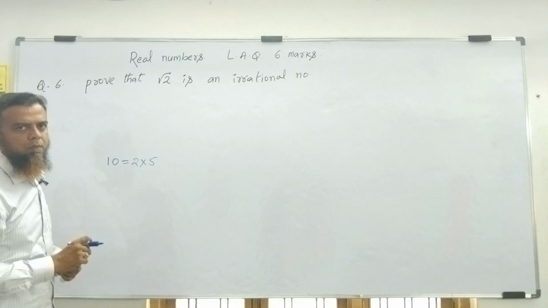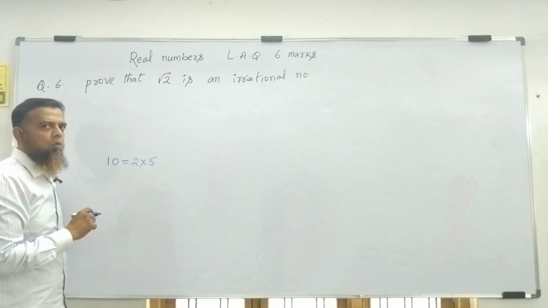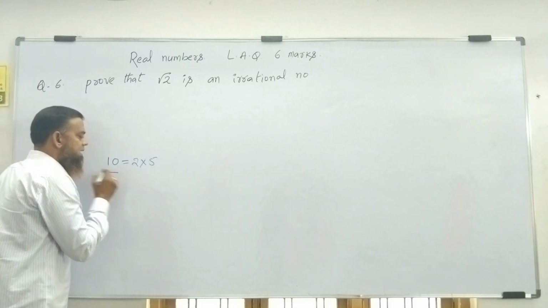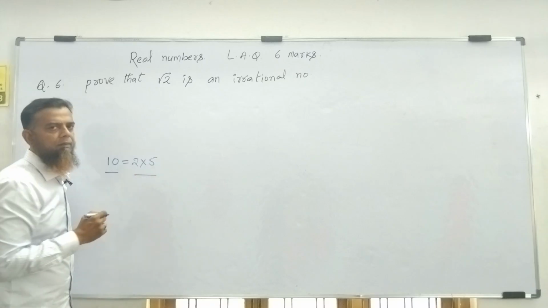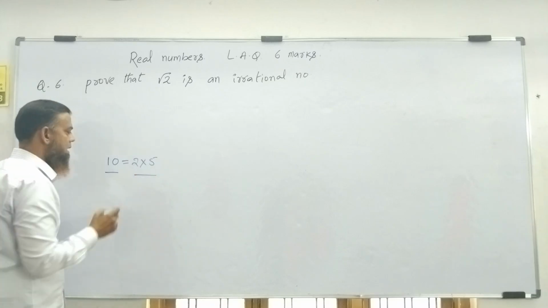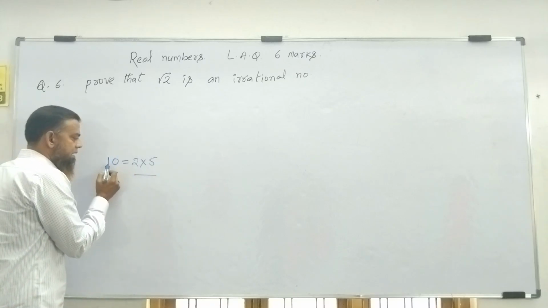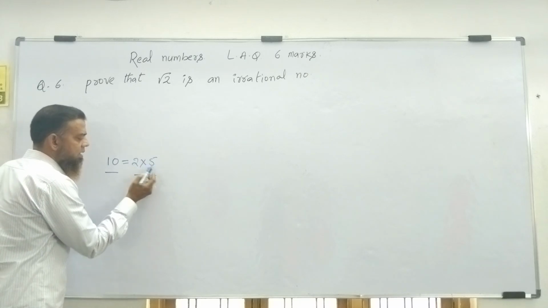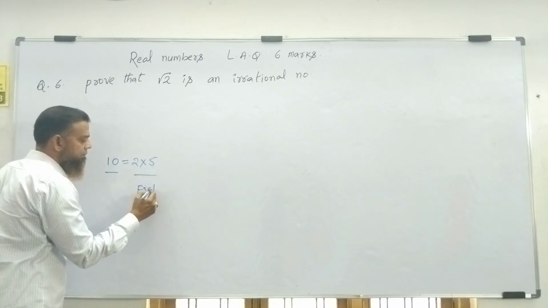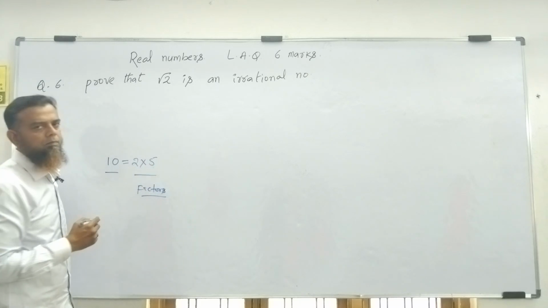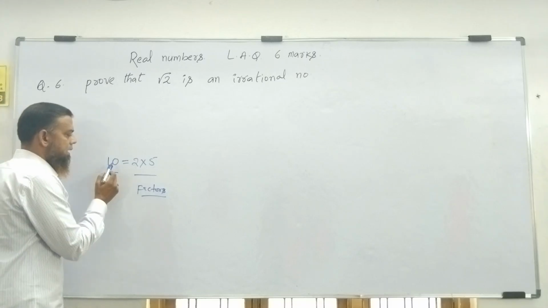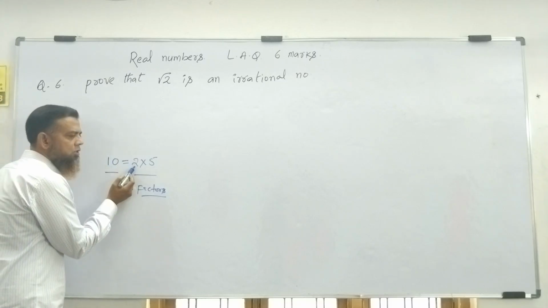Everyone knows this. Here, what is the relation between this 10 and 2 into 5? Now see concentrately. Here for 10, these 2, 5 are called factors. Here for 10, what is 2?